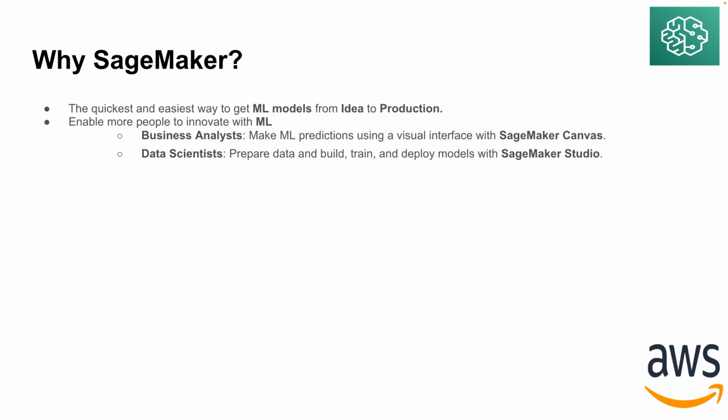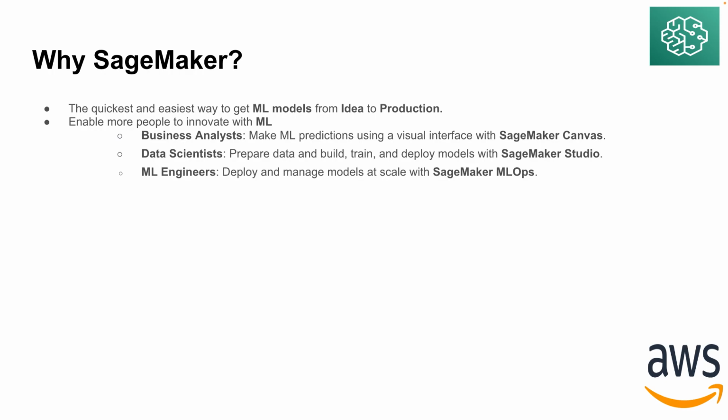If you're a data scientist where you like to code, you like to train a model, you want to customize, hyperparameter tune it, SageMaker has a component called SageMaker Studio, where you can write your code. You are more of a person where you like to code, you like to use Jupyter Notebook. There is a facility for you to write code.